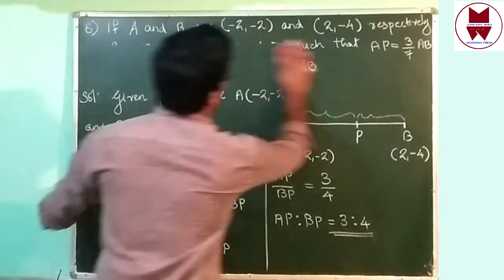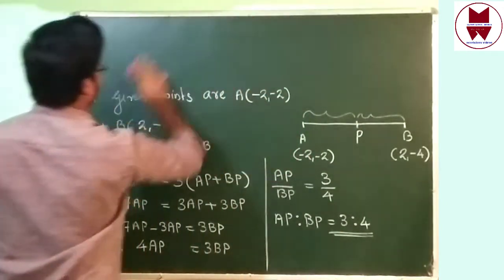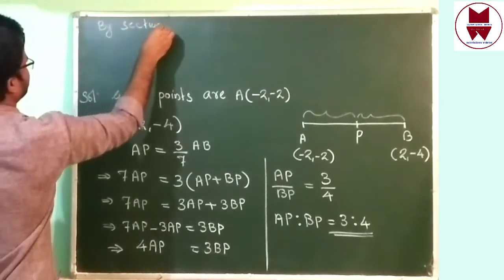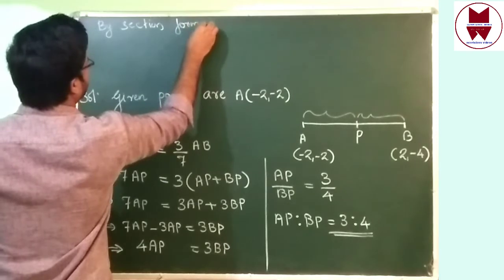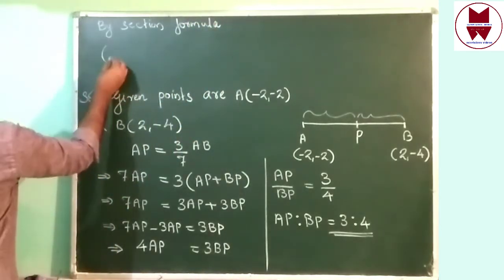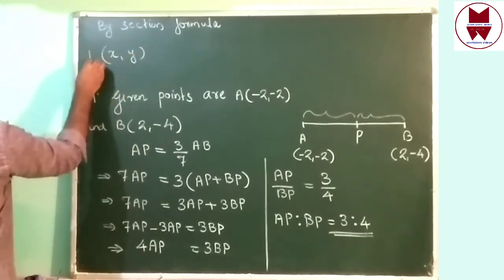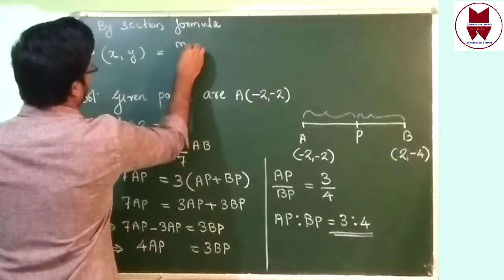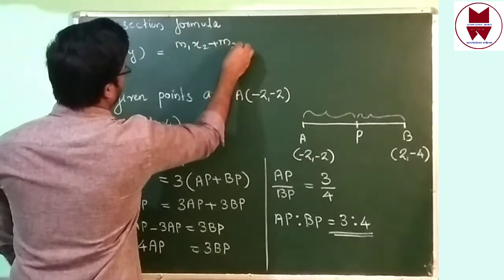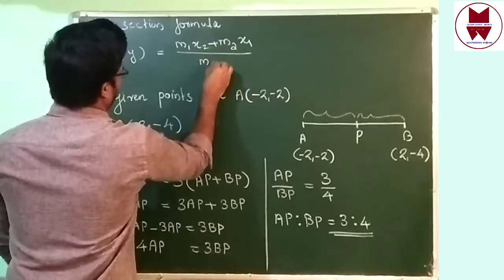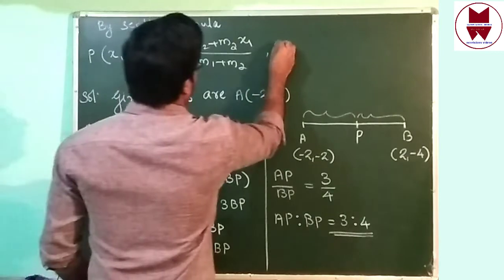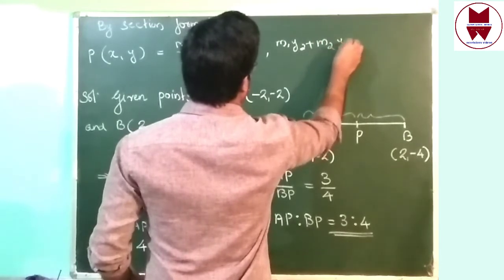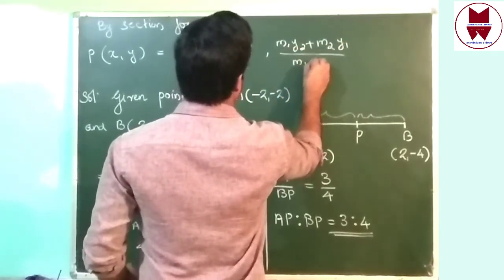We can use the section formula here to find point P. By section formula, (x, y) of P equal to, already studied section formula, that is (m1 x2 plus m2 x1) divided by (m1 plus m2), comma, (m1 y2 plus m2 y1) divided by (m1 plus m2).